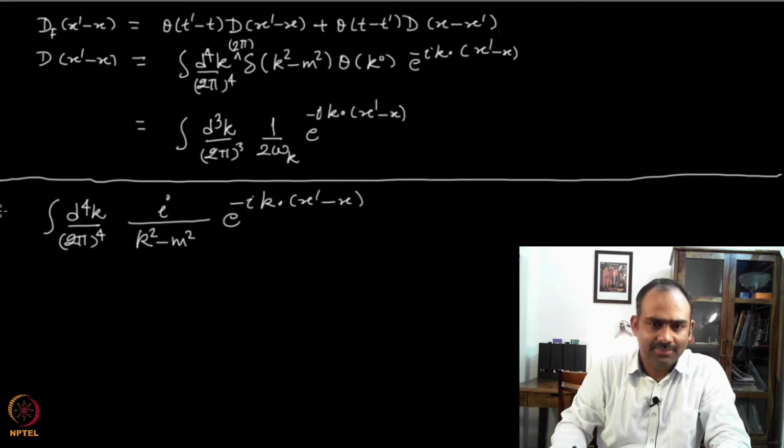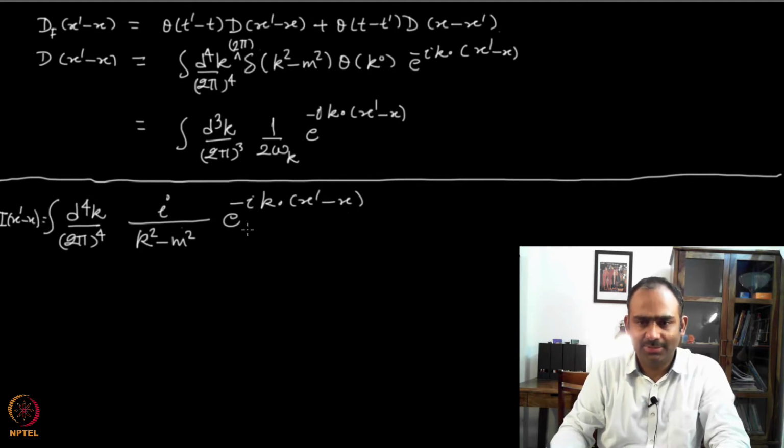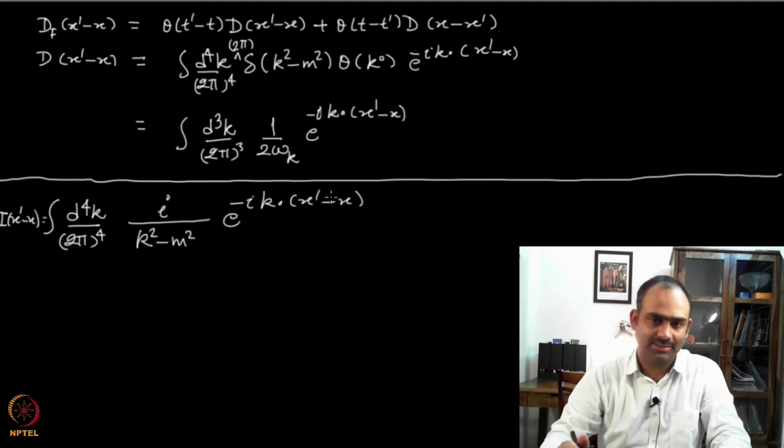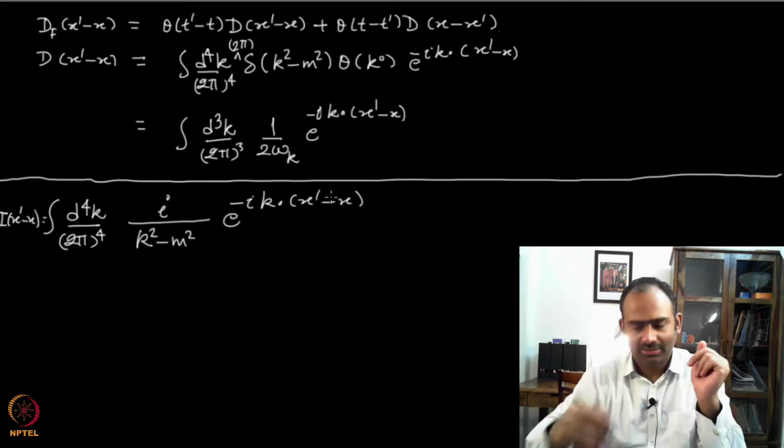Let me give it a name. I have written x prime minus x because it's only a function of x prime minus x. It doesn't depend separately on x prime and x. It always comes as this combination.